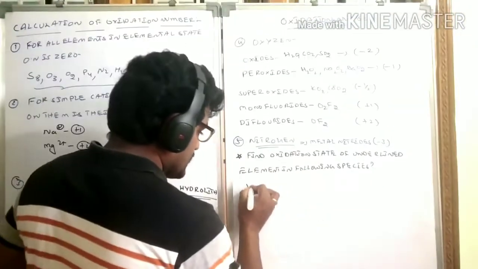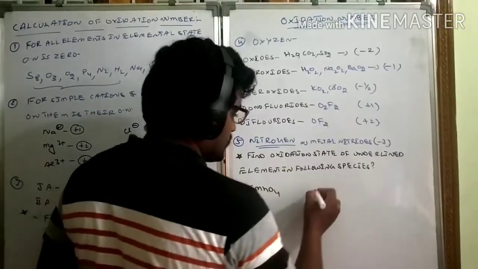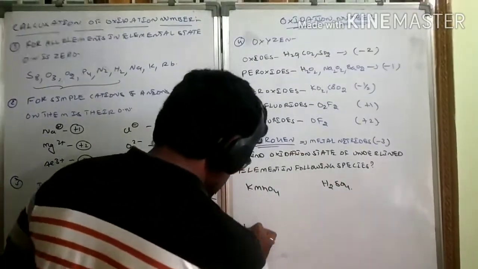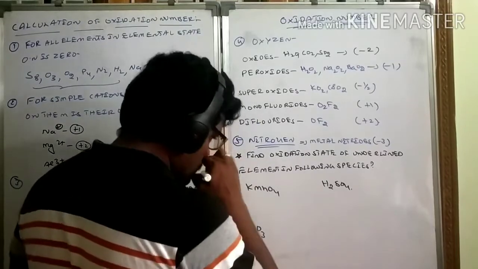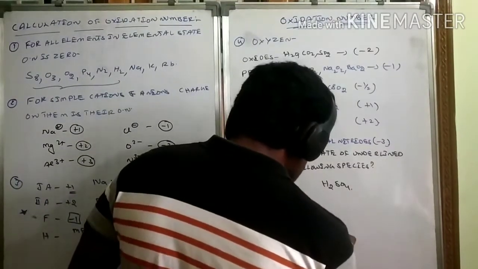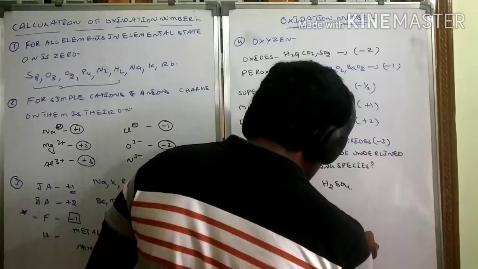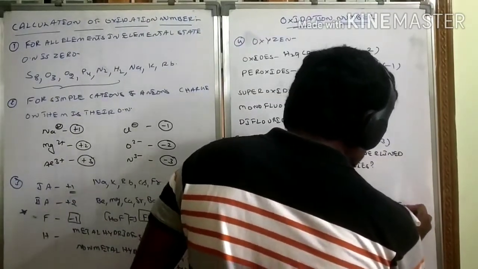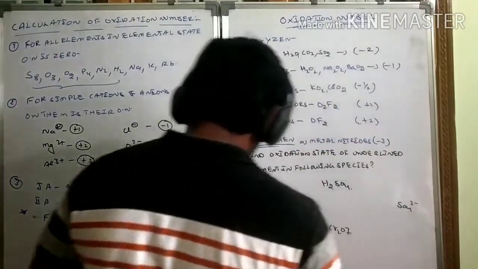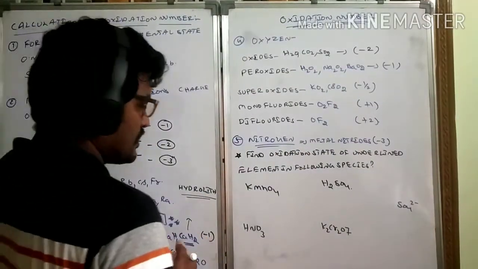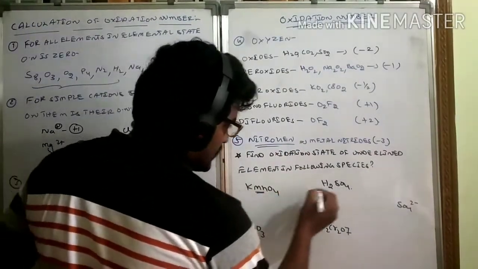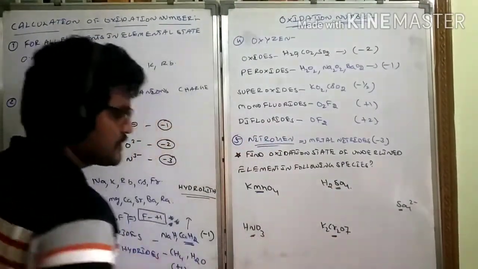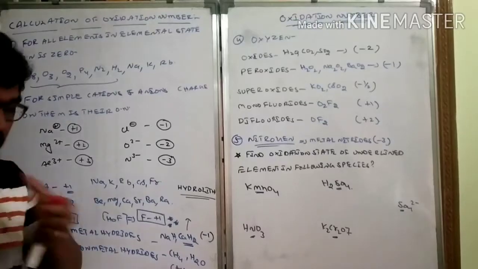So see, KMnO4, H2SO4, HNO3, K2Cr2O7, SO4 2-. So these are the species we are having. You have to calculate the oxidation state of the underlined elements. So let us see how to calculate.